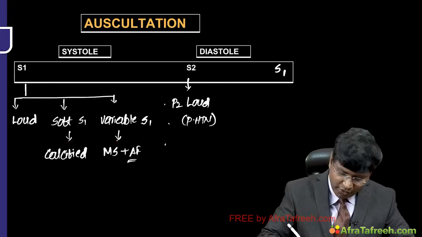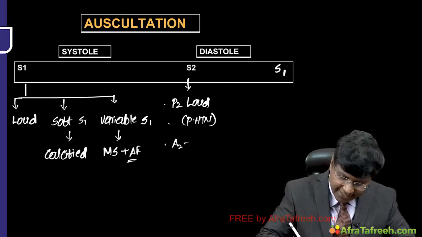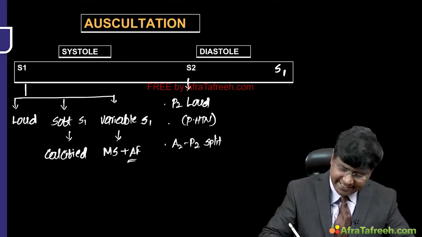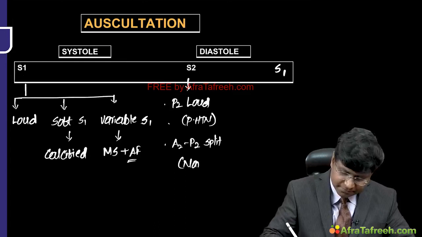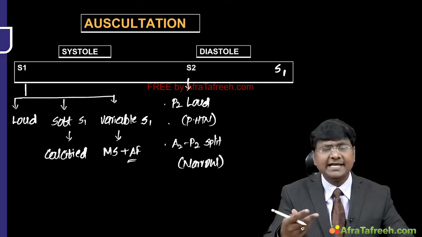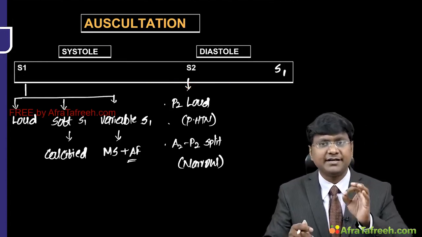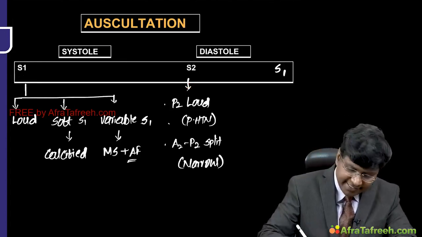Then what will happen to the A2 and P2 split? The split is narrowed. I can explain the mechanism. In patients with very severe mitral stenosis, the cardiac output is reduced.